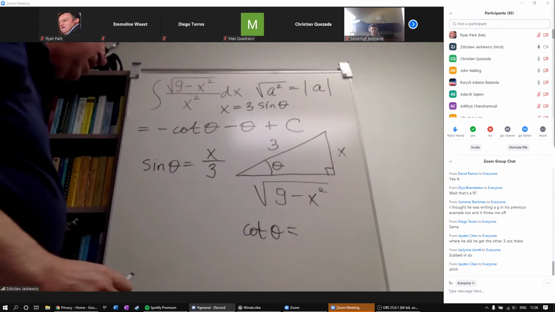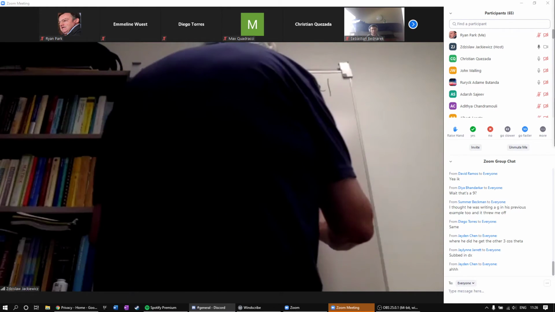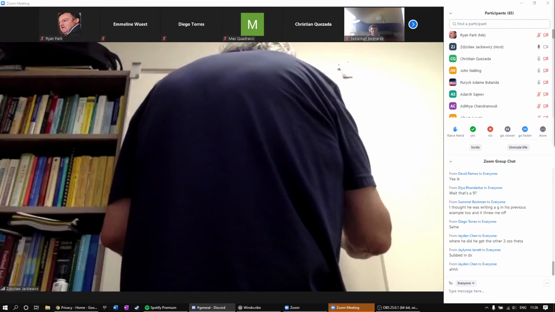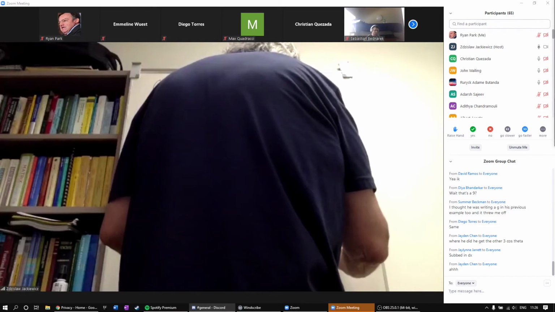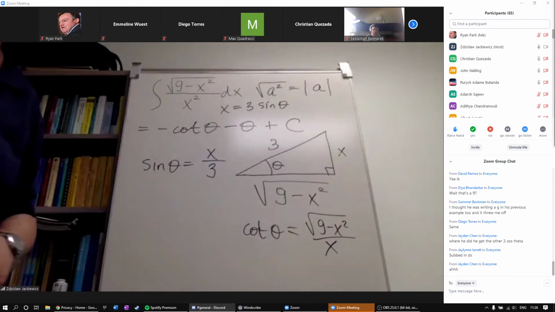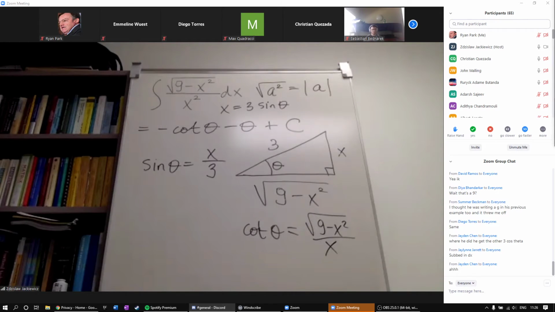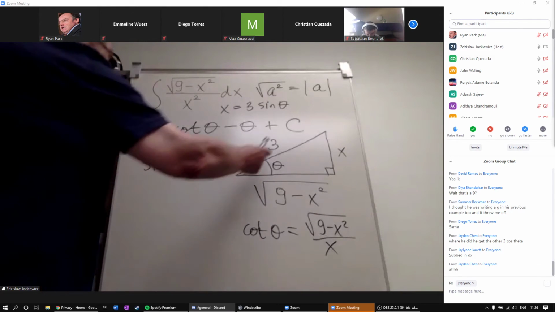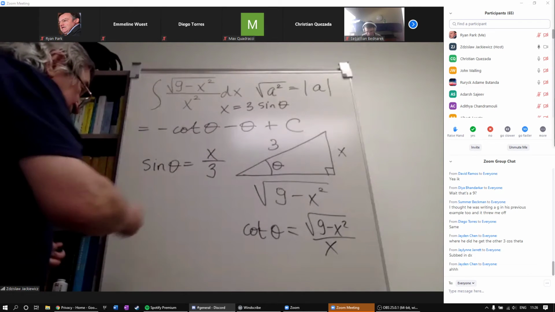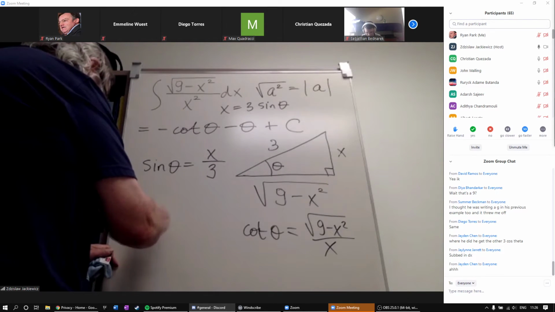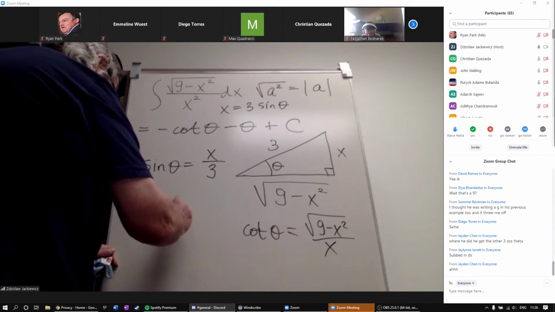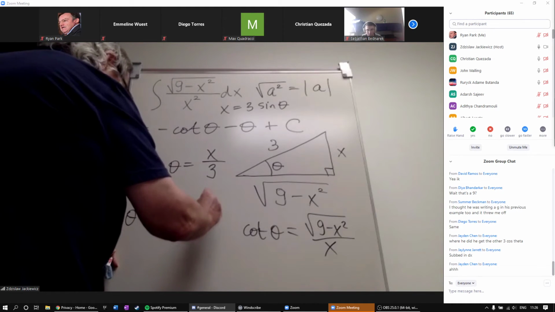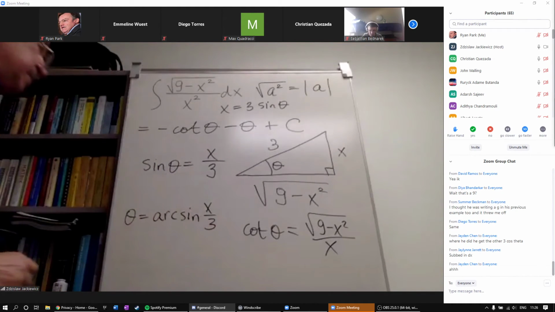So cotangent theta is square root of 9 minus x squared over x. And what is theta? Well, there's no easy way. Theta is arc sine of x over 3.